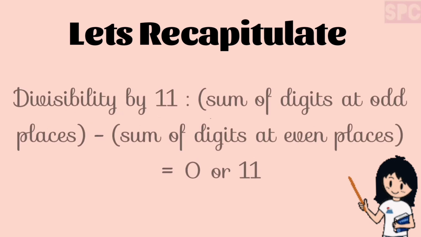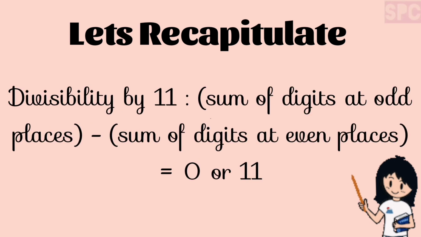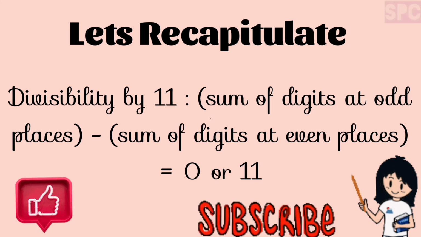Last is divisibility by 11. It is very simple. Sum of digits at odd places minus sum of digits at even places, you have to subtract. After subtracting, you should either get 0 or 11. If you get some other number, then that number is not divisible by 11. It has to come 0 or 11.